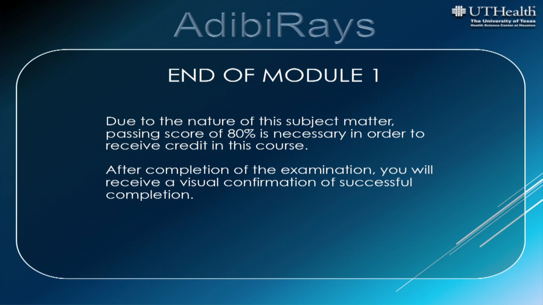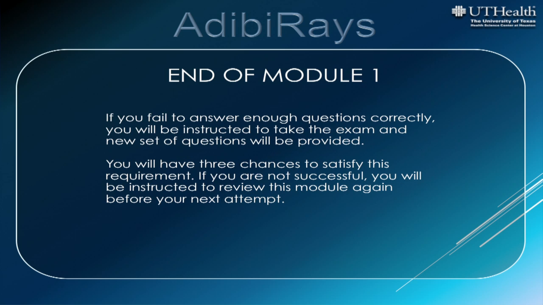After completion of the examination, you will receive a visual confirmation of successful completion. If you fail to answer enough questions correctly, you will be instructed to take the exam again and a new set of questions will be provided.